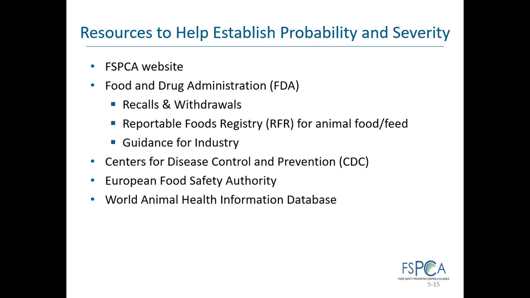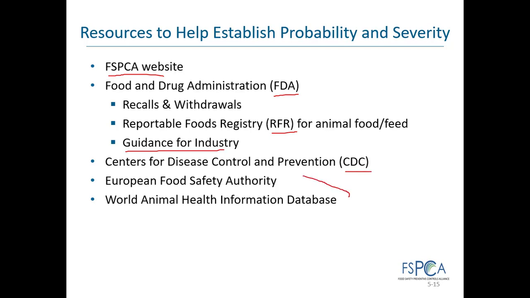Okay, so how do I know? What kind of resources can I use to help me? Well, we just talked about the RFRs. We looked at the RFRs from a 5-year period that can help you figure out what's known or probable and what the severity is. FSPCA has some resources. FDA has a bunch more resources outside of the RFR. There's always a bunch more guidances being created all the time that can help you. CDC might have some information.